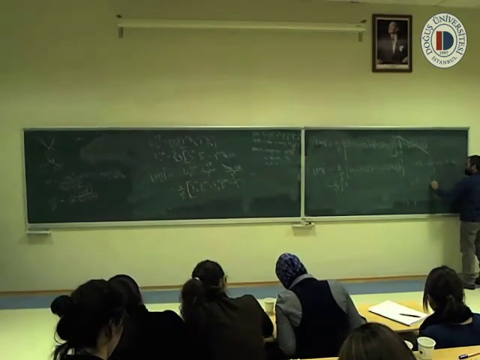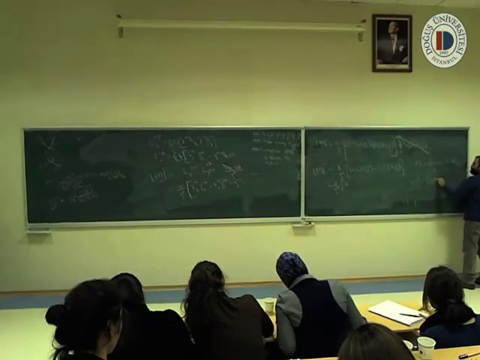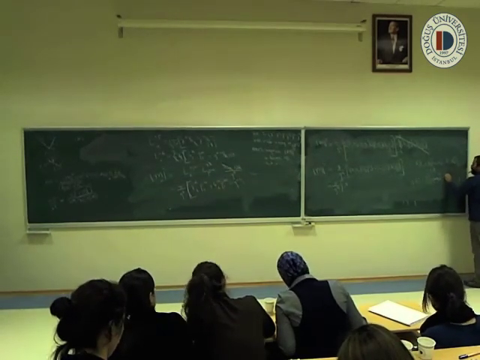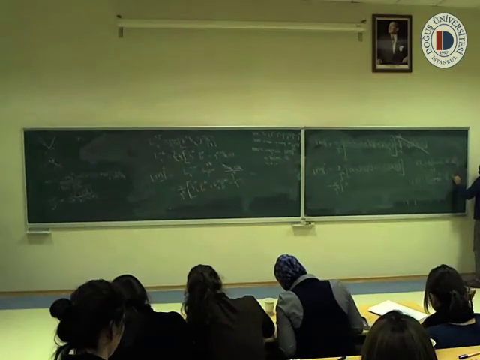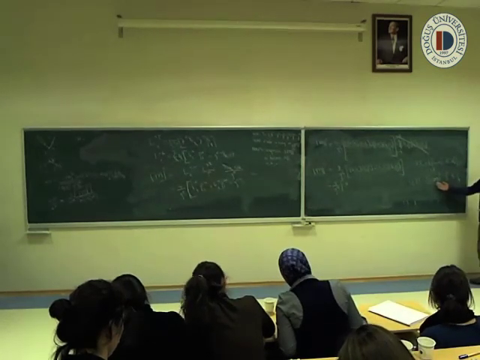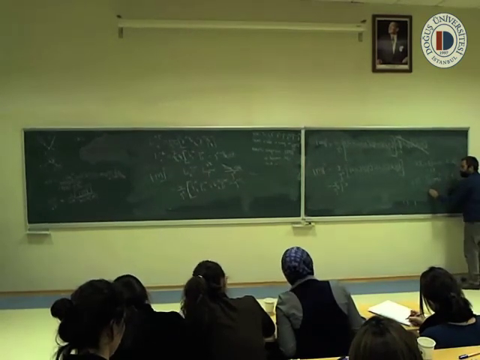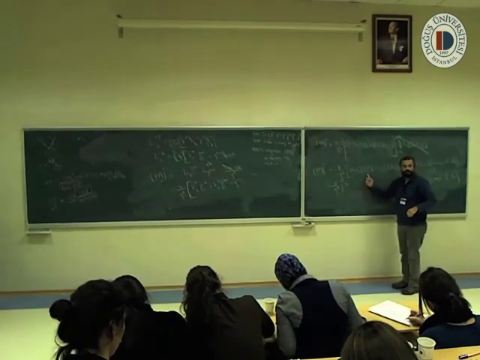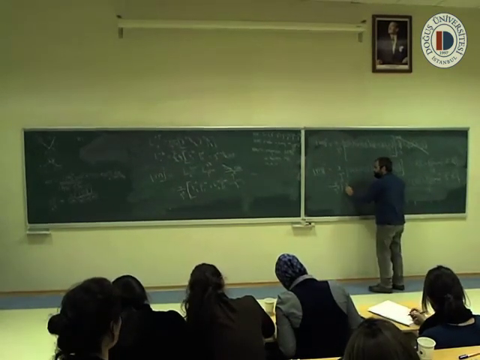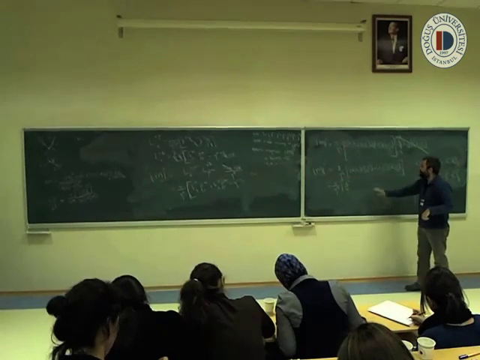This is 1 over 2 P1 plus P2 squared minus P1 squared minus P2 squared. Again, this is nothing but S over 2. So this is S over 2, this is S over 2, so S squared over 4. This is for this piece.